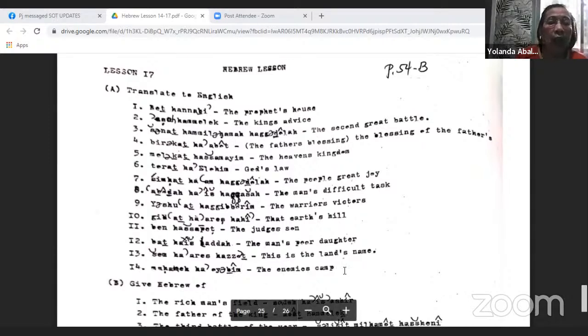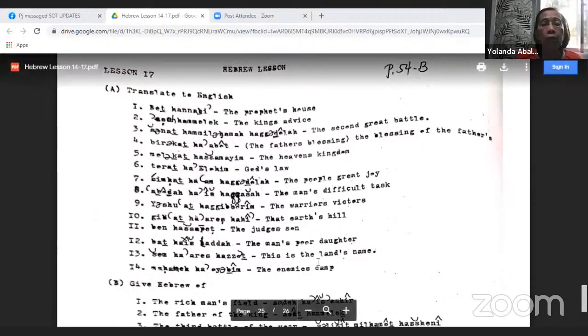This is the land's name. Makani Haoilim, the enemy's camp. Itong enemies, lalagyan nyo siya ng apostrophe after S. So ano po ang meron? You are not only constructing, but you are converting this into possessiveness. Yeah. All right.